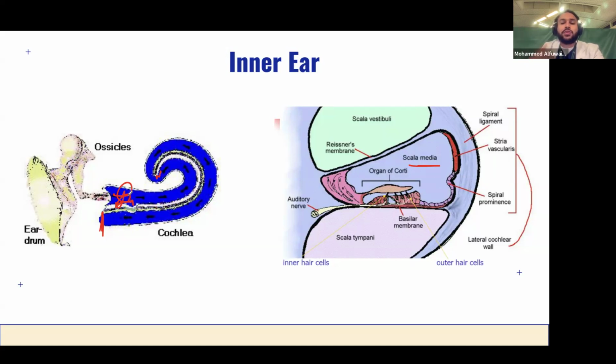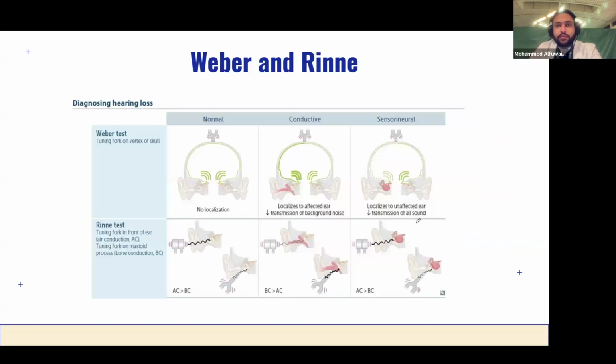Or age-related hearing loss: they lose high frequency first because of the hair cells here. This is why you need to know this. The other thing is the fluid located inside the scala media is endolymph, which is high in potassium. If you have accumulation of endolymph over here, it will cause hearing loss. That's basically it in terms of anatomy and physiology.